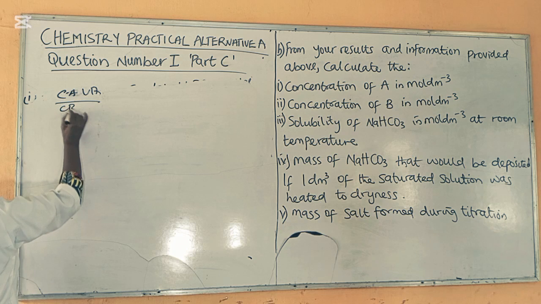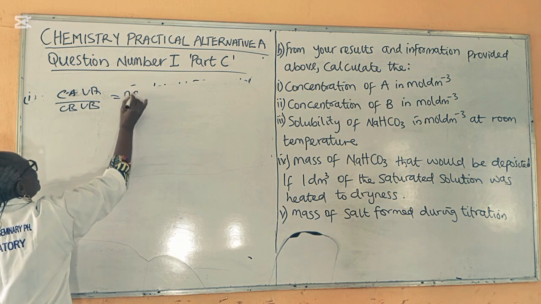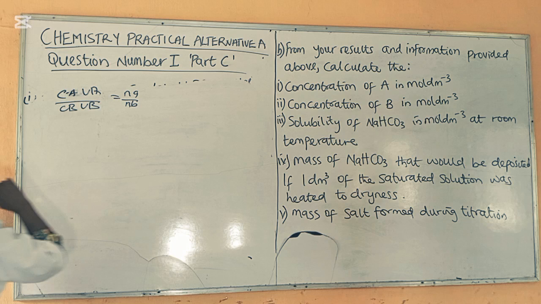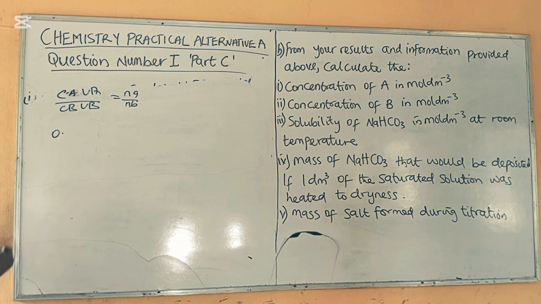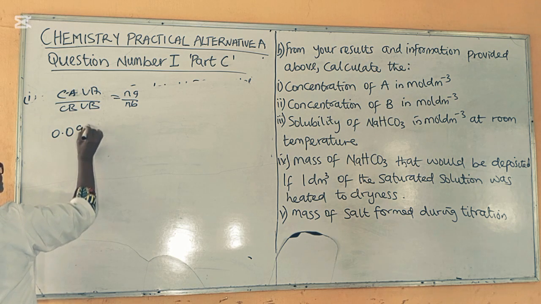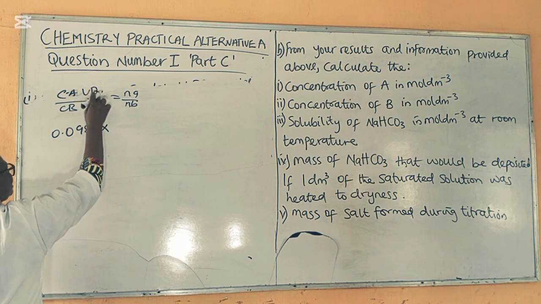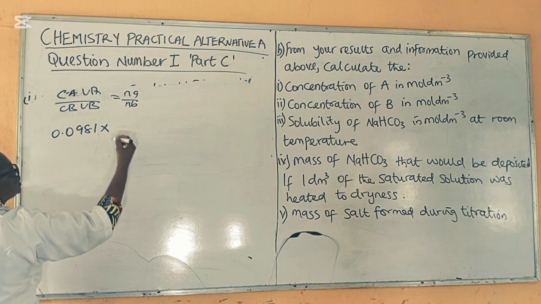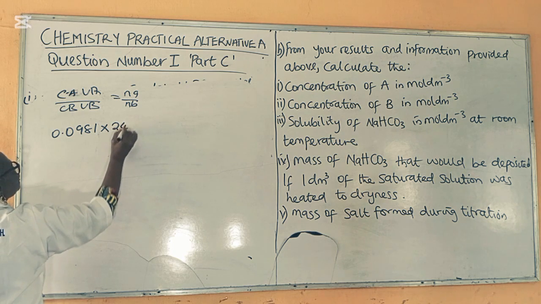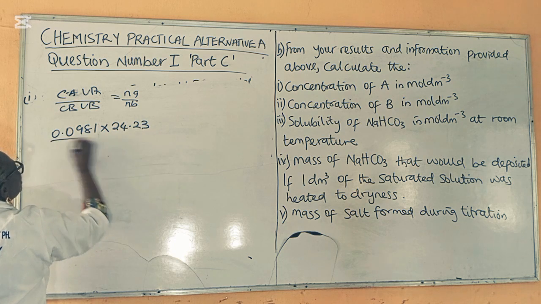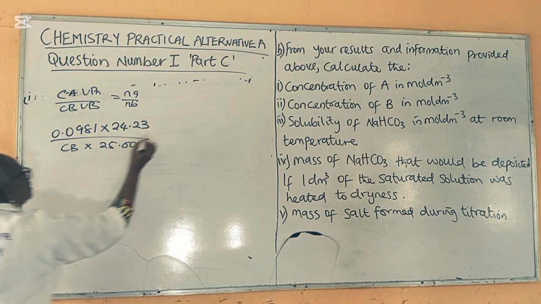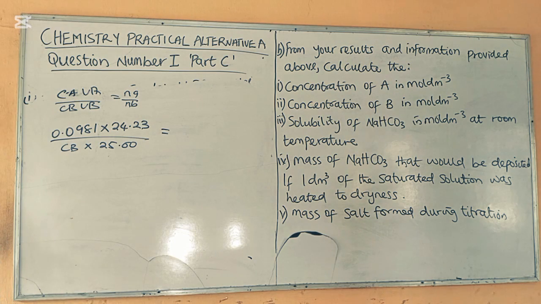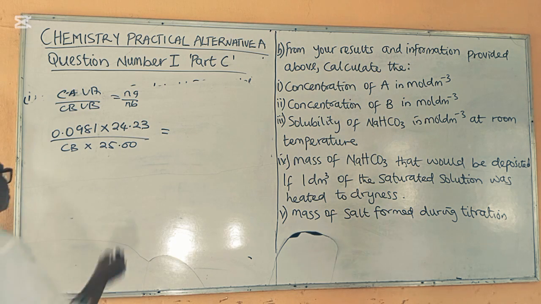CAVA over CBVB equals NA over NB. To substitute, I've already gotten CA to be 0.0981, and my VA, like I said before, you keep using your average titer, 24.23, divided by CB times 25.00. Now from the balanced equation, you have to check your mole ratio, which is still 1:1.